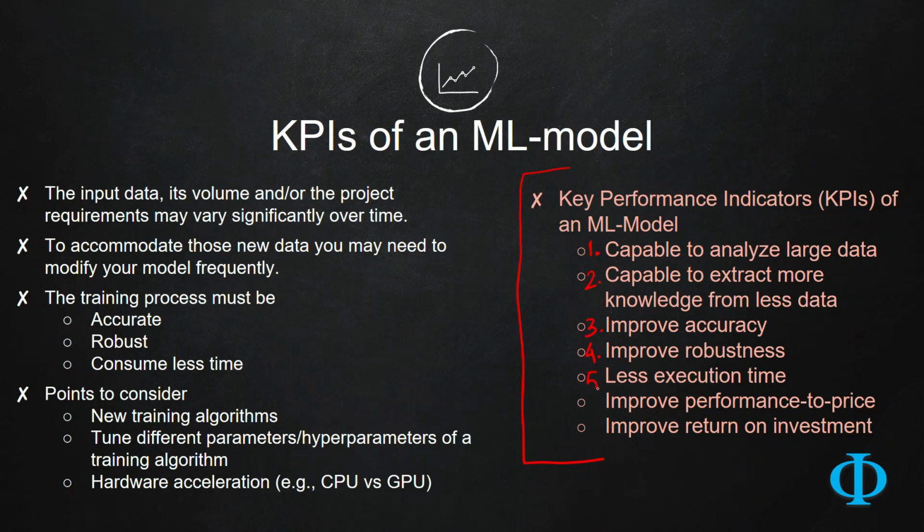Number five, one of the major KPIs of a machine learning model is that it should take less time during the training process. It is not uncommon to take months to extract knowledge from billions of data points. But the faster your model is, the more profit you can make out of it.